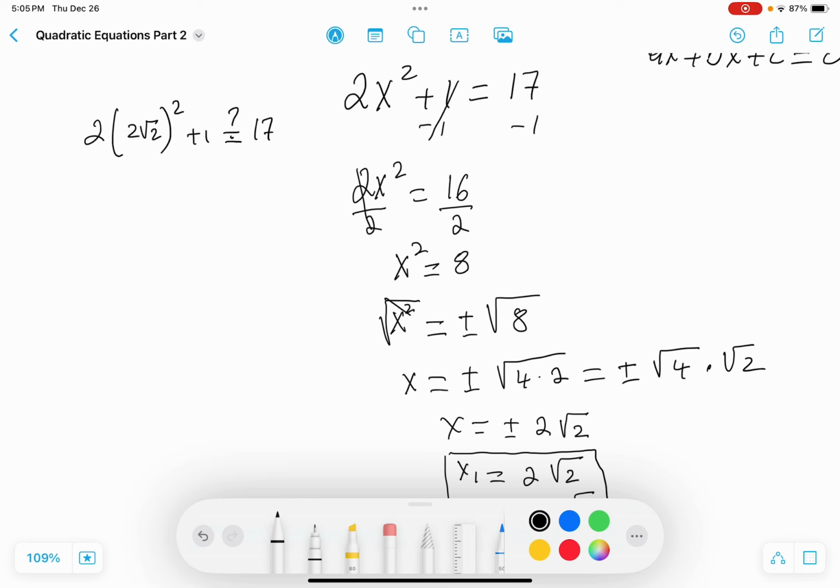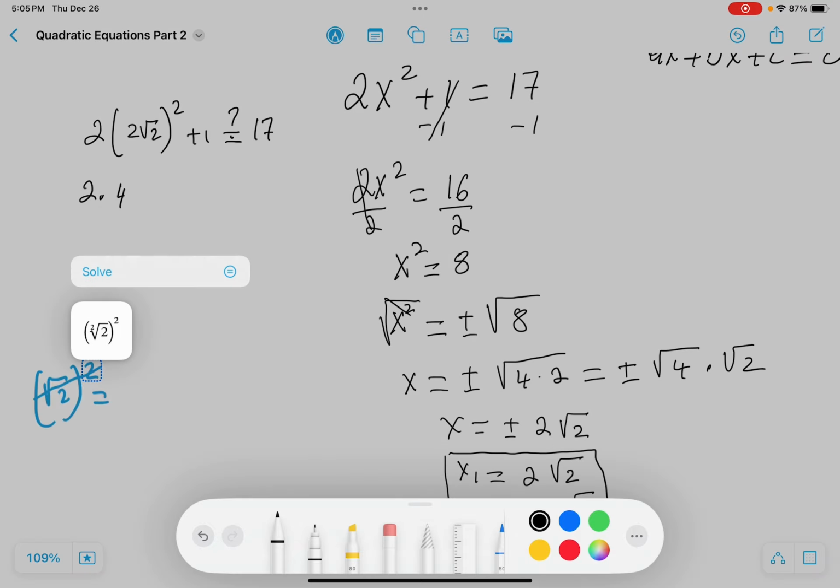I'm going to check. So 2 times 2 square root of 2 squared. 2 squared will be 4. Square root of 2 to the second power is 2, since the square and the square root cancel, so it equals 2.